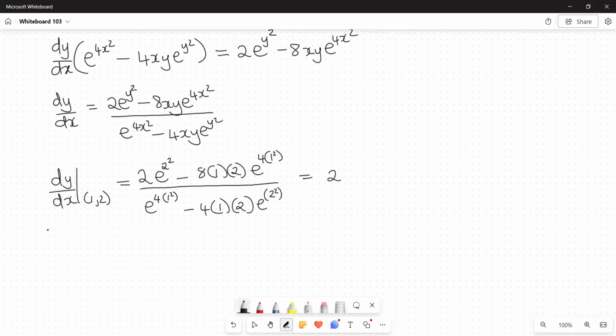Okay, so we have dy/dx at the point (1, 2) equal to 2. Now, what exactly does this mean?